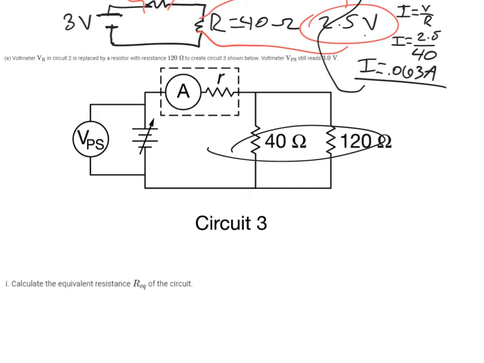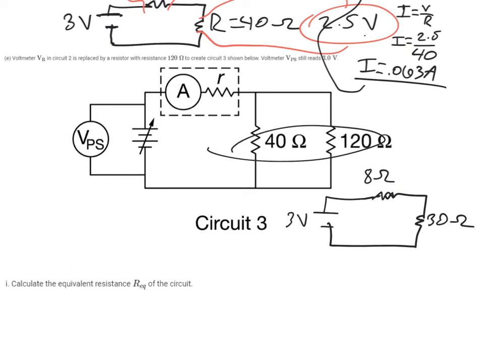Let's see, so if I redraw the circuit, this is R, big R. Let's put the values that we know. So this is 8 ohms. 40 and a 120 in parallel. So 40 to the negative 1 plus 120 to the negative 1. You get 30 ohms.